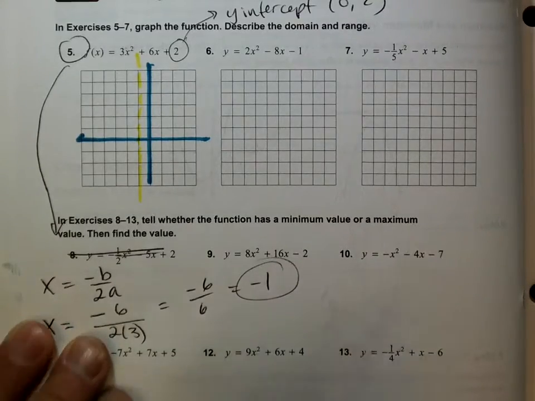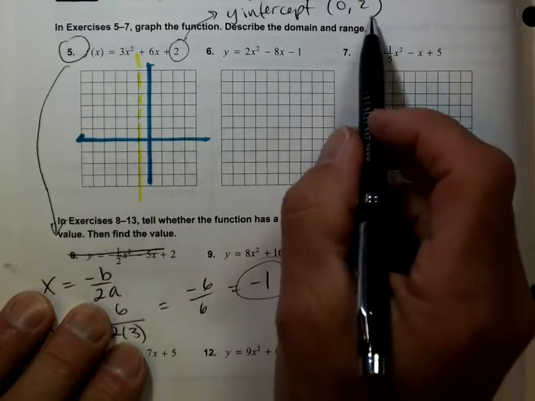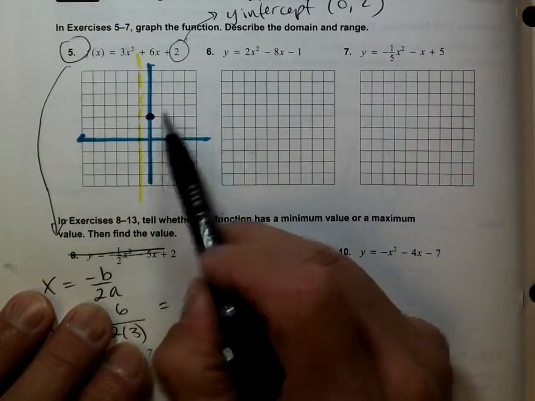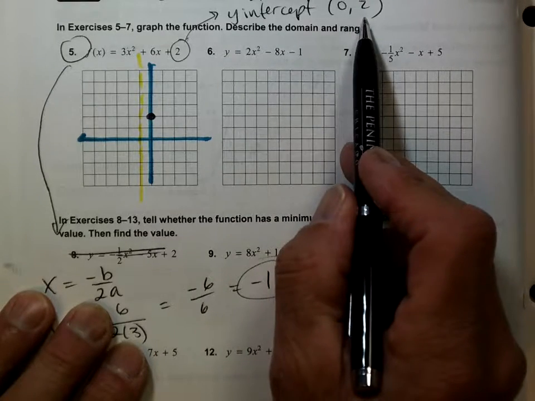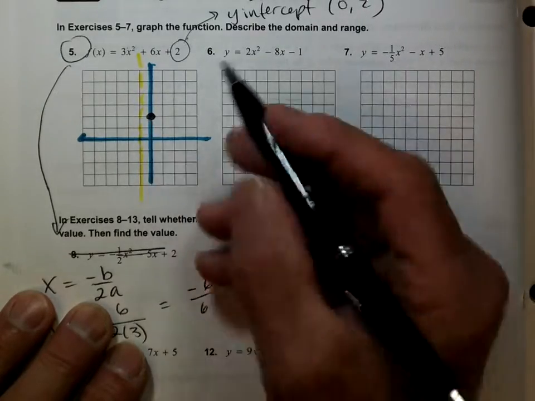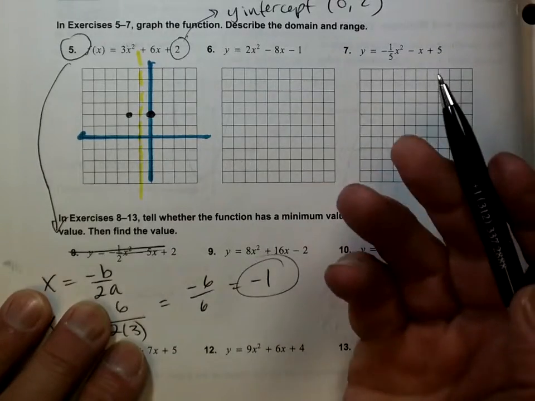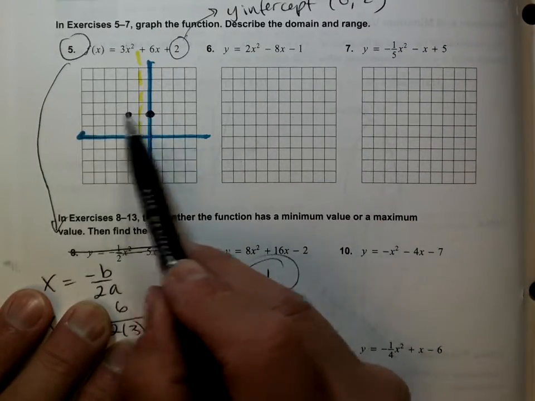I also know another point. Watch this. Guys, are you paying attention? I'm going to put a point right there. Do you see the point? Now I can put another point right there, because it can reflect across my line of symmetry.